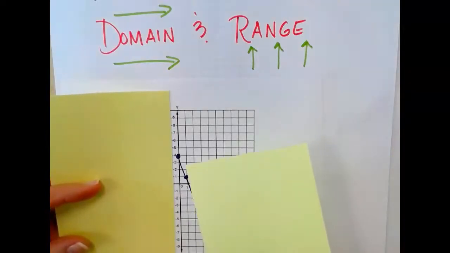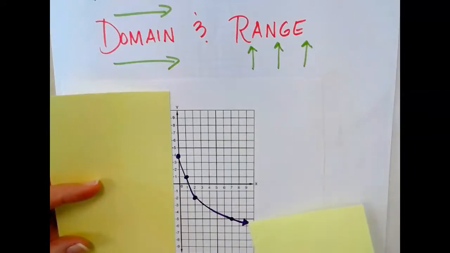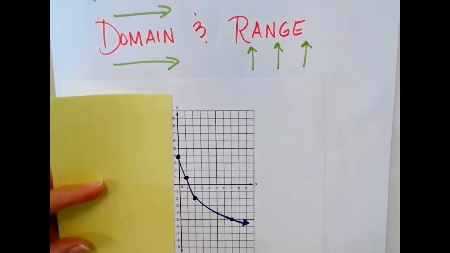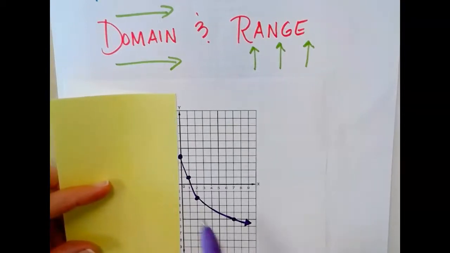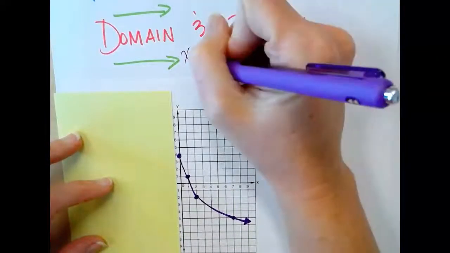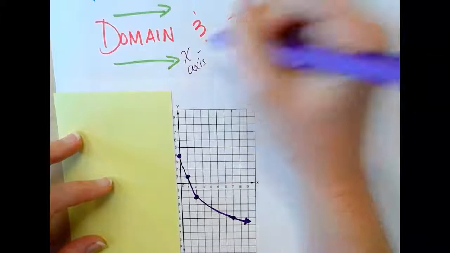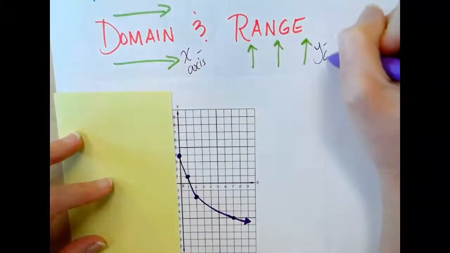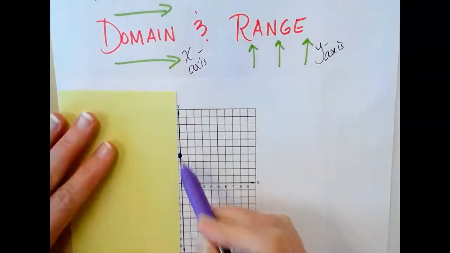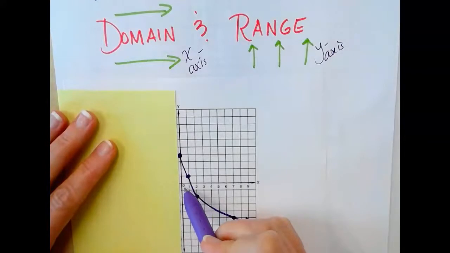Now one thing to notice here is that this side is not an arrow, but on this side we do have an arrow. So I can't box in an arrow with my index card. My domain starts, and remember, domain has everything to do with the x-axis, and the range has everything to do with the y-axis. Domain is read from the left to the right. So this first point starts at x equals 0.